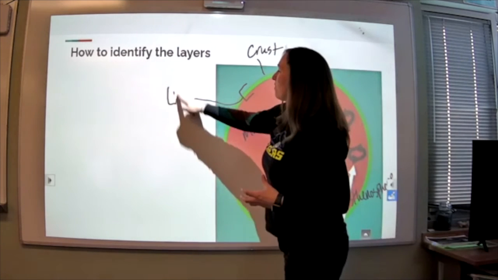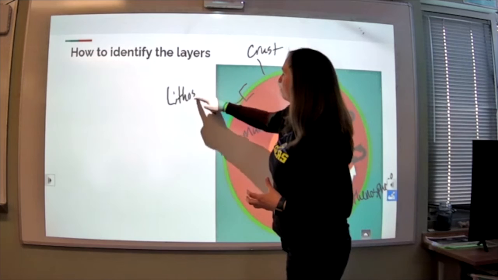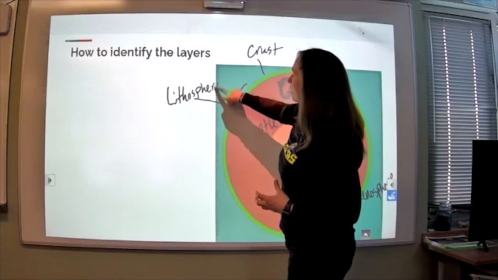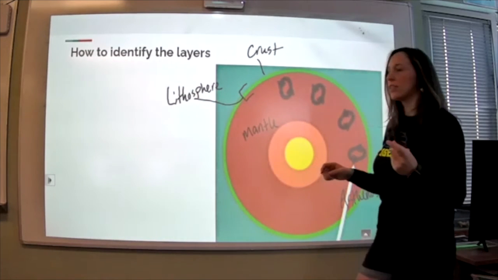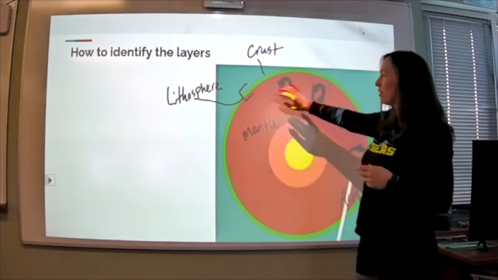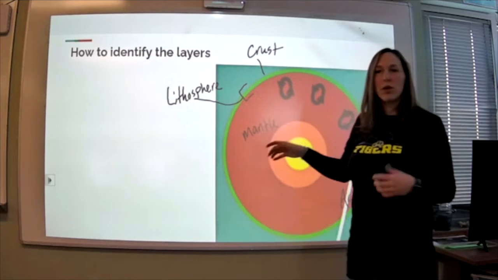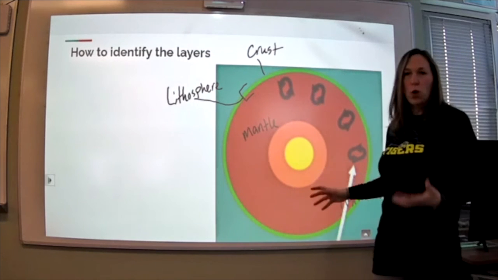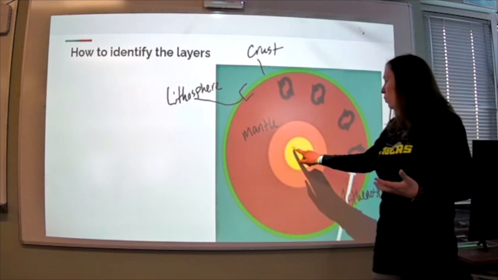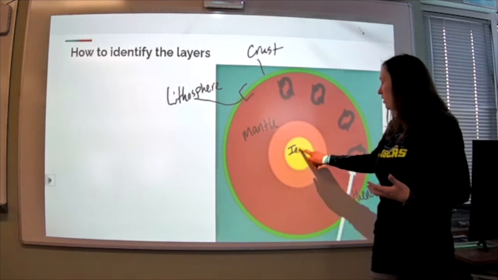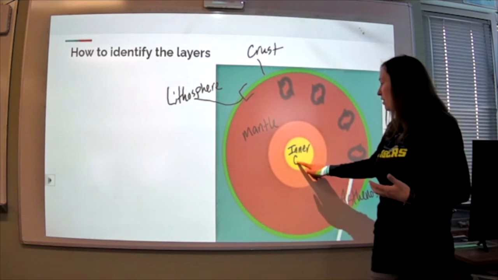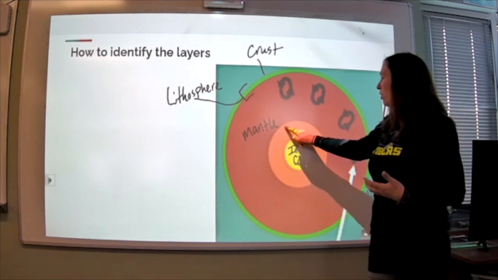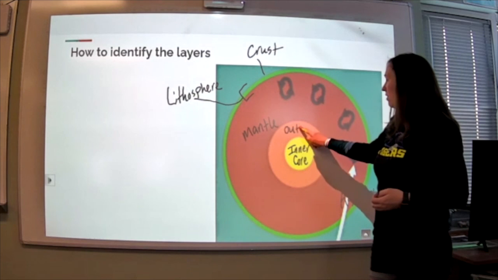It'll always have a bracket because it consists of two parts. It's not just the outer layer. It's not just the mantle. It's a little bit of both. So that's why you typically see those brackets. Then our innermost layers, those are hopefully pretty easy to identify. We have our inner core, which is on the inside, and we have our outer core just beyond that.